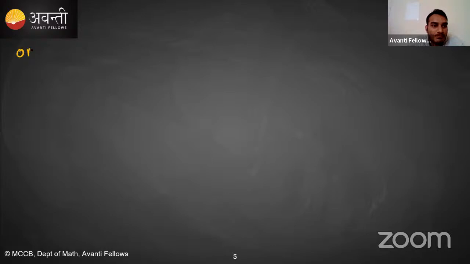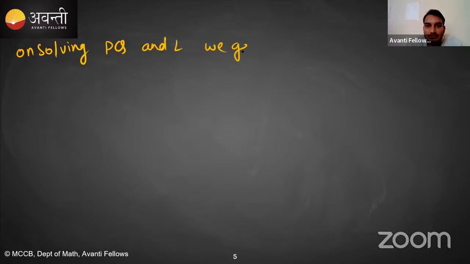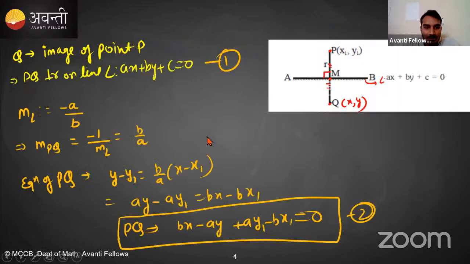On solving PQ and L, we get point M. We can solve it by multiplying line L with a and line PQ with b and then adding.